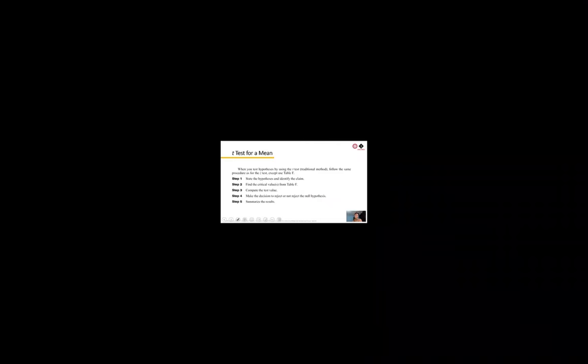These are the basic steps of doing hypothesis testing using the t-test, the traditional way. Follow the same procedure as for the z-test, except use the t table. First, of course, state the hypotheses, find the critical values, compute the test value, and make a decision based on whether the test value has landed in the critical region or the non-critical region, then summarize the results.